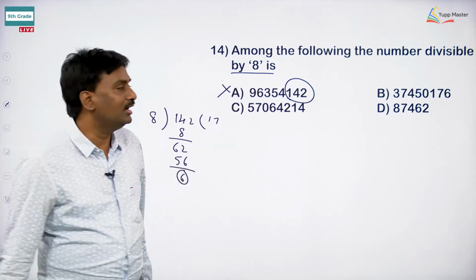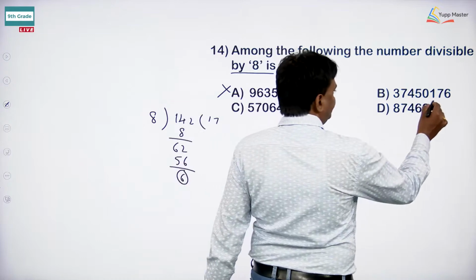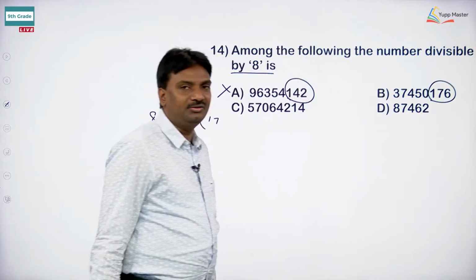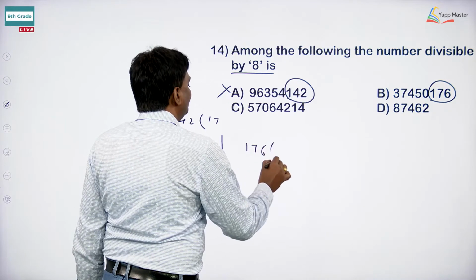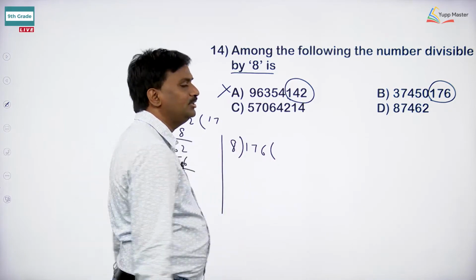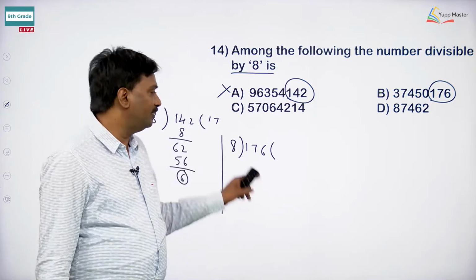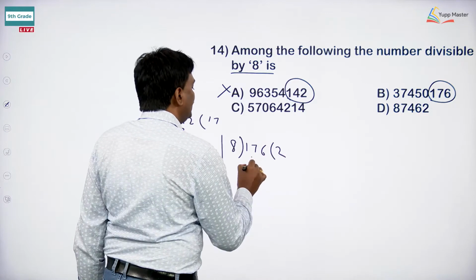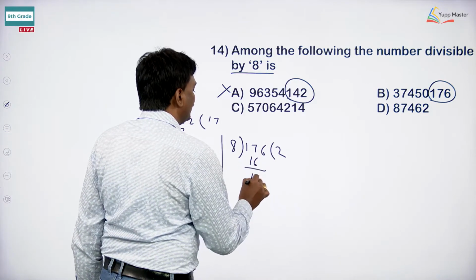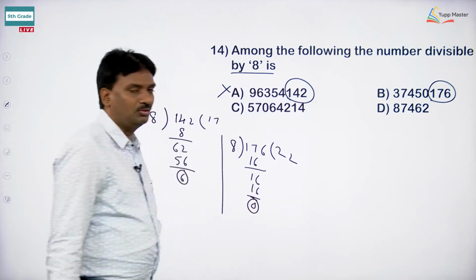Next, let us check whether option B is correct or not, where the last 3 digits are 176. Let us check whether 176 is divisible by 8 or not, where 8 2 is 16, 17 minus 16 is 1, 6, again 8 2 is 16, the remainder is 0.